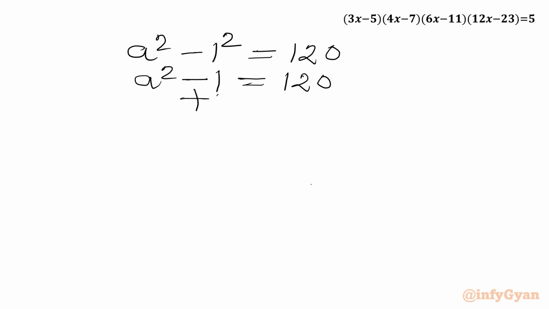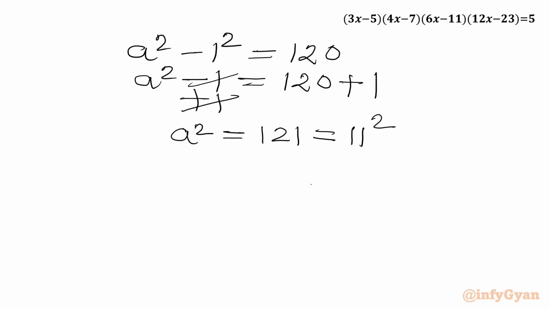By adding 1 to both sides, we'll get a square value 121, which we know is the square of 11. So the equation is a square equal to 11 square. We'll take the square root of both sides and get a equal to plus minus 11.